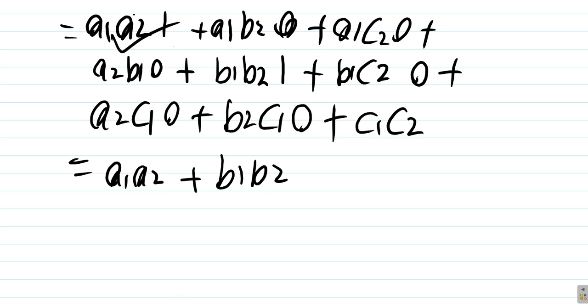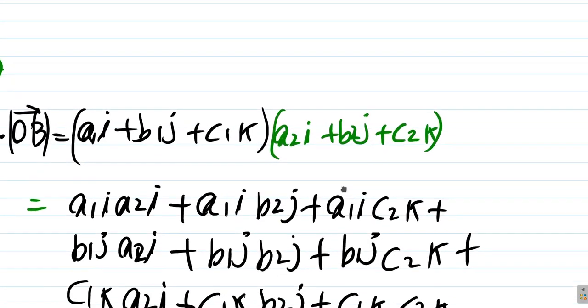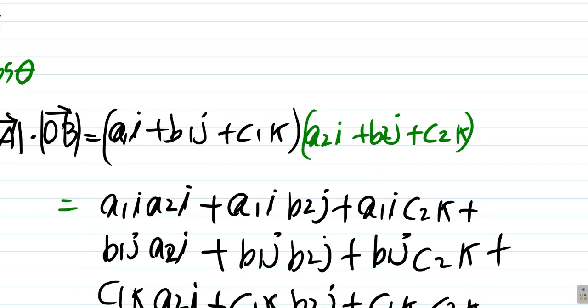So we have this part, and then this part, then plus C1, C2, this part, because there would be a 1 here, alright? So A1, A2 plus B1, B2 plus C1, C2. Everything else cancels, right? So you see that?